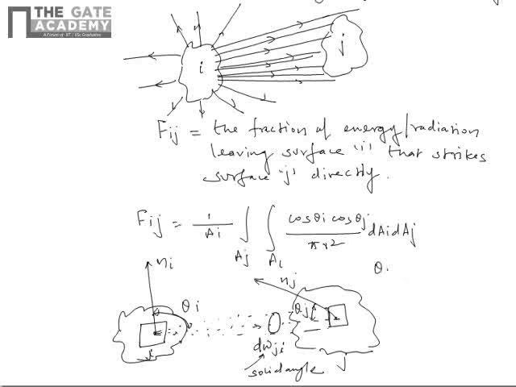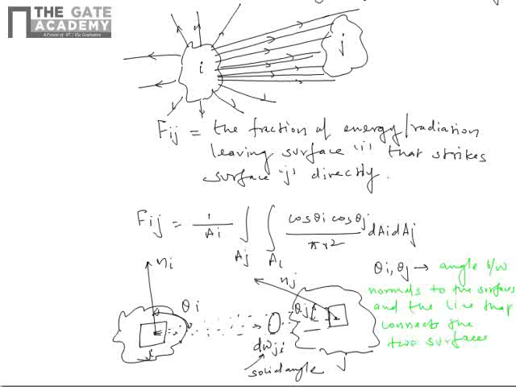So theta i and theta j are the angles between the normals to the surfaces and the line that connects the two surfaces.